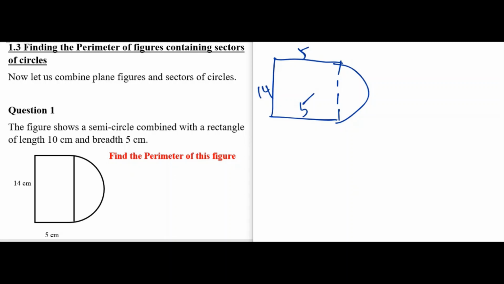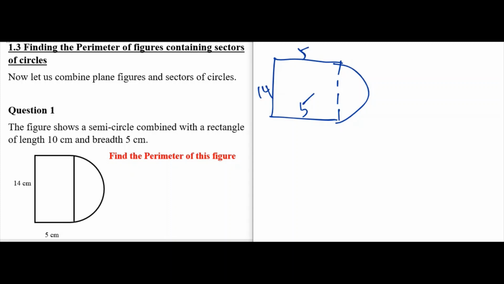Since this is a rectangle, as I already told you, even if it is not mentioned, in order to find the arc length of the given semicircle, we should know the radius, but at a glance you cannot find out the radius of the circle.